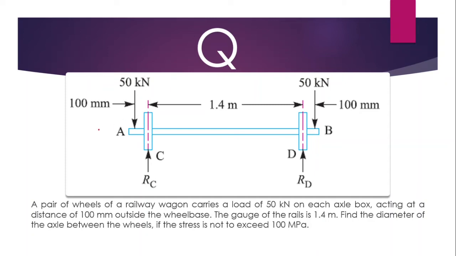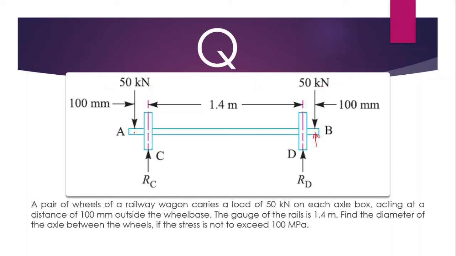And this is the figure, a pair of wheels. The wheels are mounted at C and D of the shaft AB, and at this particular point and this particular point there acts an external load of 50 kilonewton each.